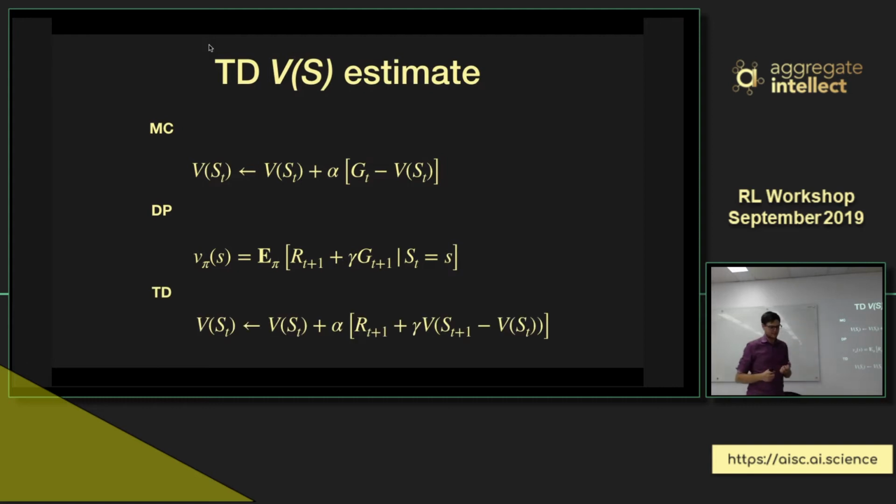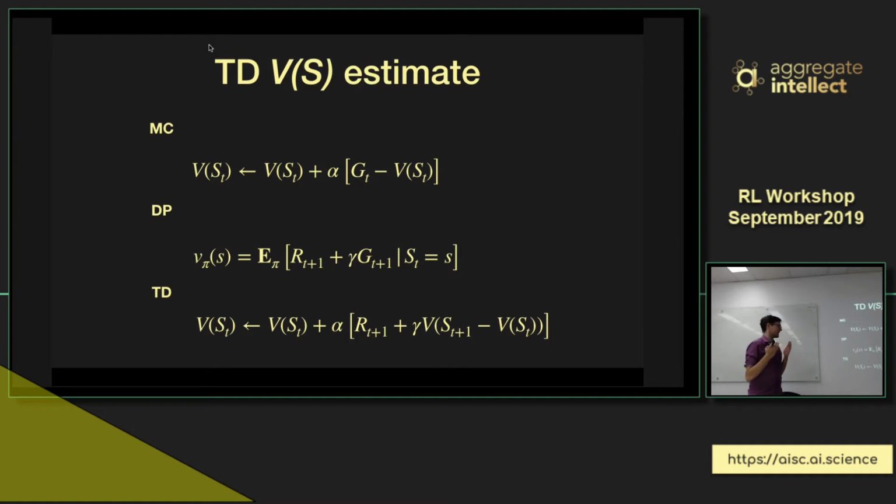And what does the TD function do? It combines those 2 elements together. We have our current estimate, and we update it. We play the game, we do 1 action, and we know what the reward was in that step.